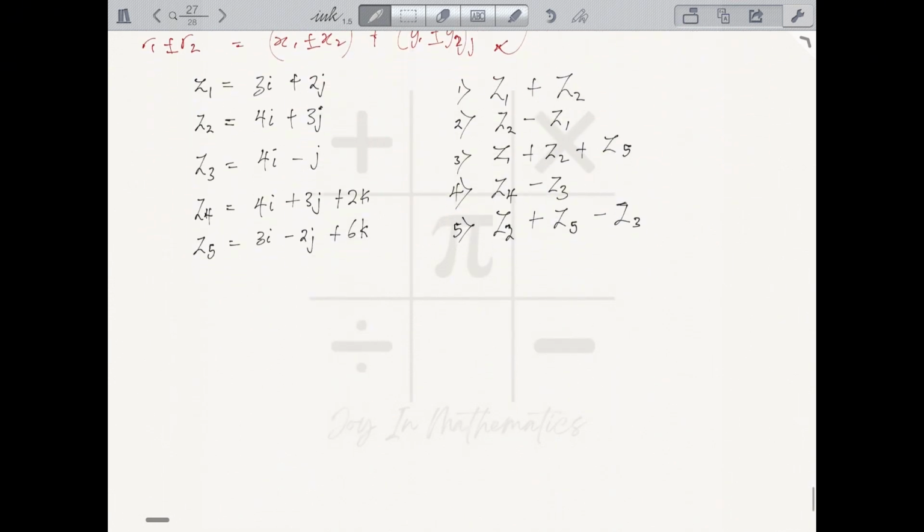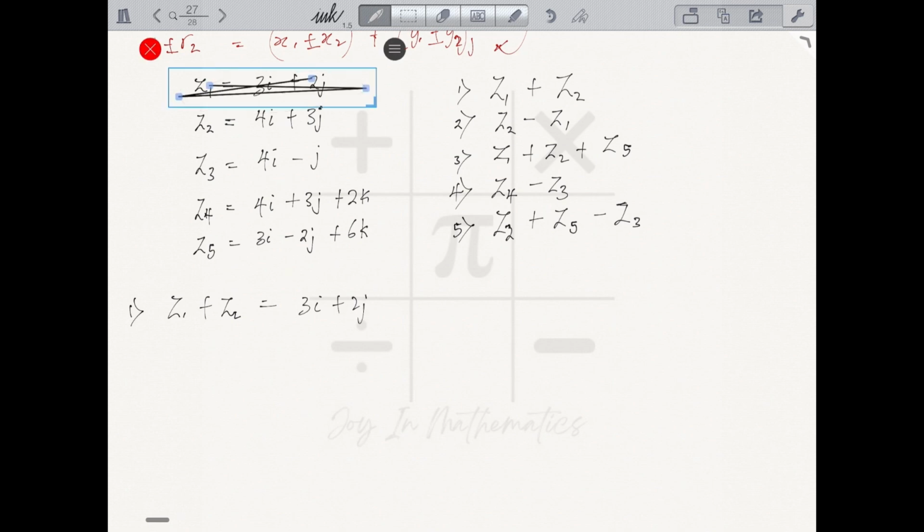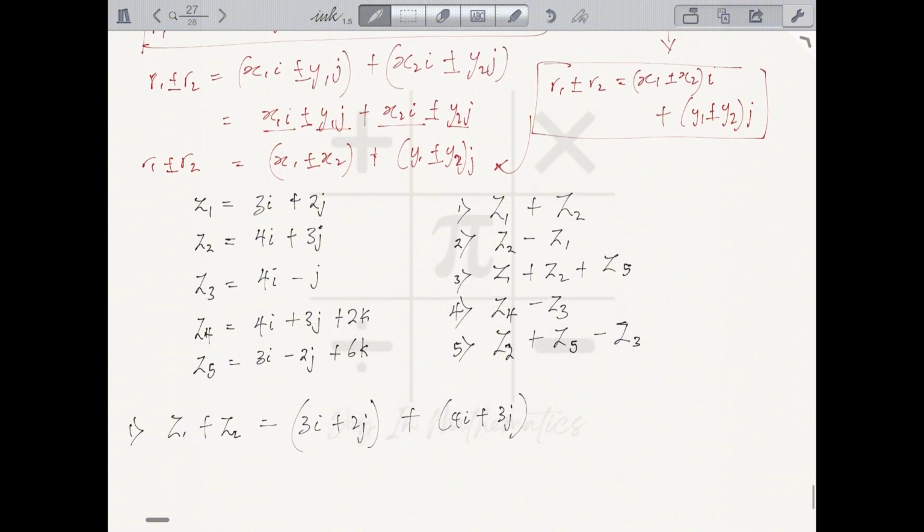Question 1 says that we should evaluate z1 plus z2. Now z1 is equal to 3i plus 2j, as we have seen here, and z2 is 4i plus 3j. Now we want to add these two together, and all we have to do is collect like terms: the i component, and also the j component.